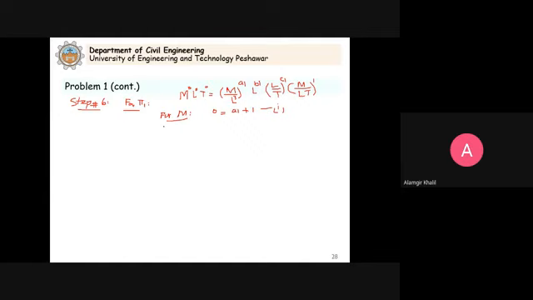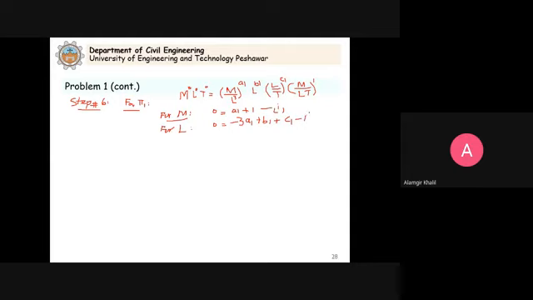Then for L, the left hand side is 0, and on the right side, L cube gives minus 3a1, plus b1, plus c1, and L here gives minus 1.